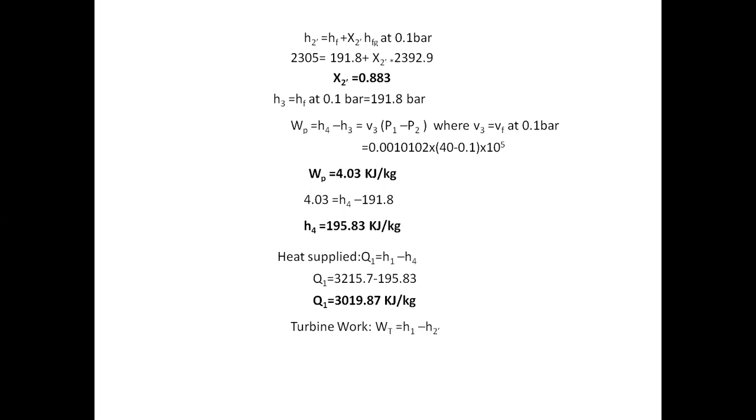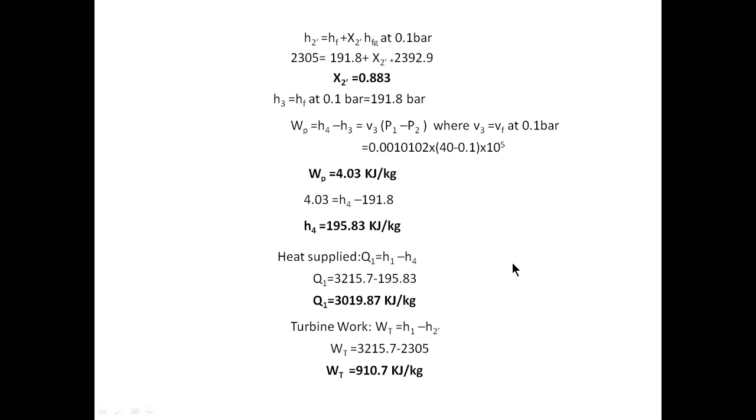Next, turbine work. Here you need to note the turbine work is not H1 minus H2. It is H1 minus H2 dash, the actual turbine work. So the turbine work is 3215.7 minus 2305, which is 910.7 kilojoules per kg.